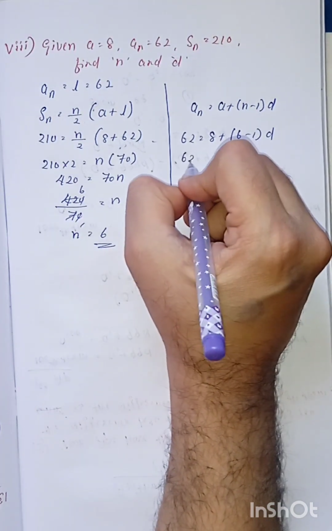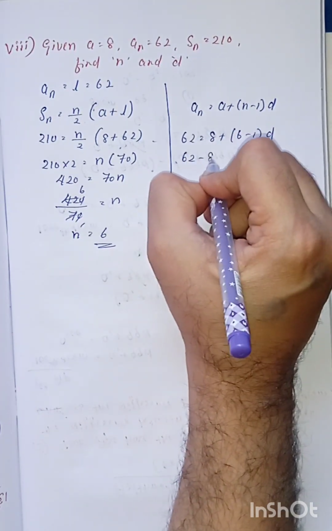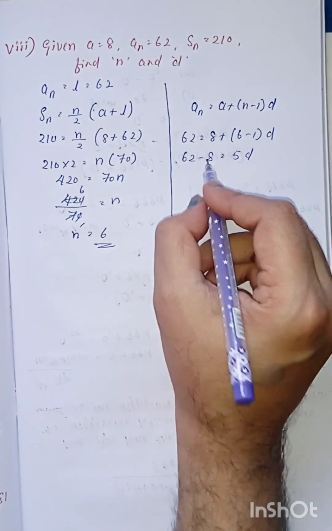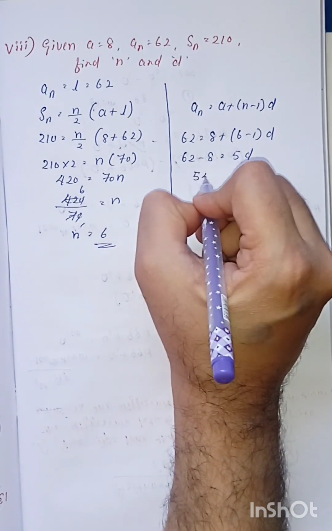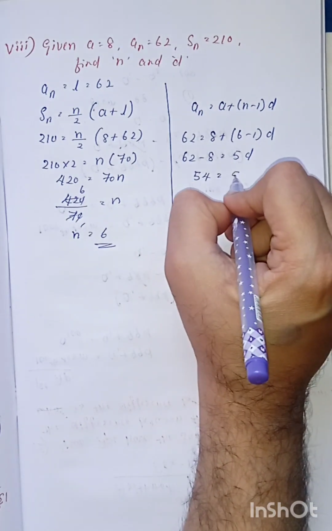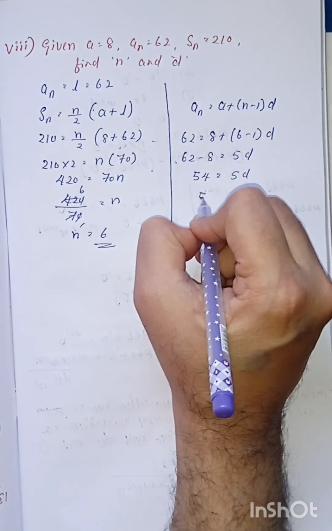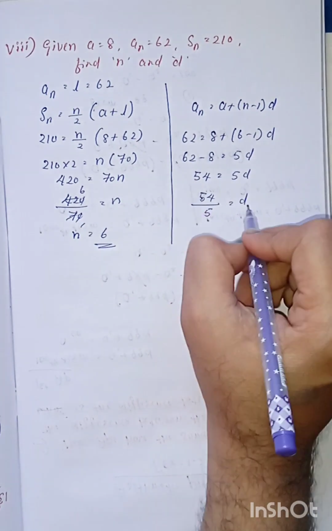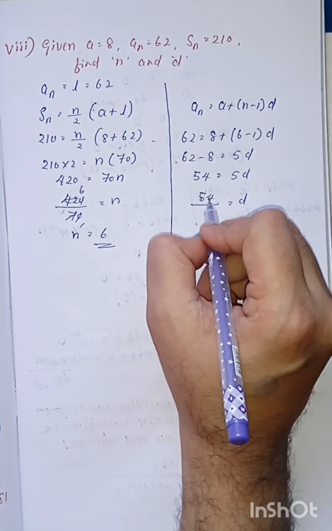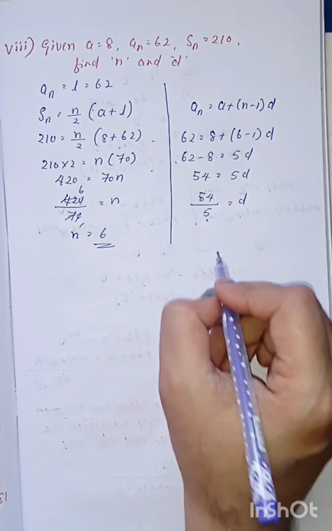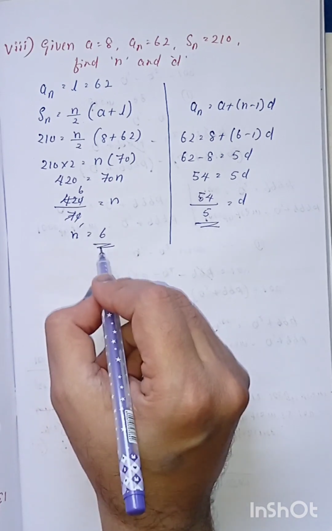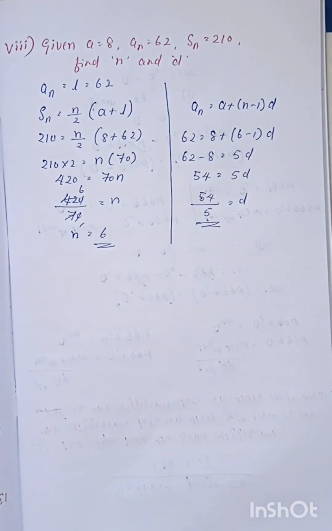Now 62, bring 8 here, minus 8 equals 6 minus 1, 5d. 62 minus 8, that is 54 equals 5d. Next, 54 divided by 5 equals d. So d means 54 by 5. You can even simplify this, but this answer is enough. So n equals 6 and d means 54 by 5.